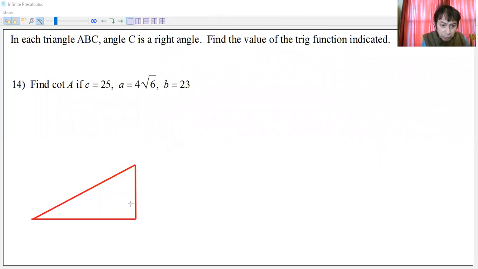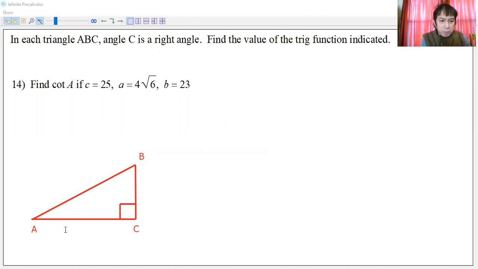This will be over here. And this must be labeled. Our angle C is supposed to be always the 90, and our acute angle A must be over here, and our other angle must be up there.